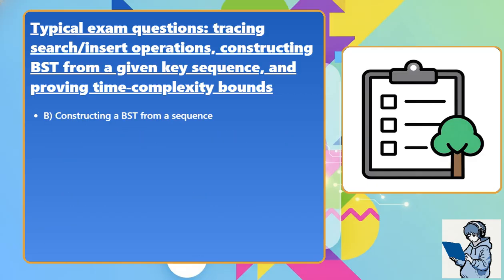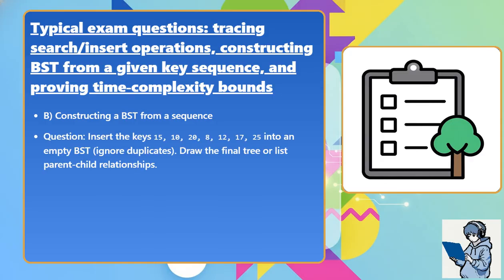B. Constructing a BST from a sequence. Question: insert the keys 15, 10, 20, 8, 12, 17, 25 into an empty BST, ignore duplicates. Draw the final tree or list parent-child relationships.